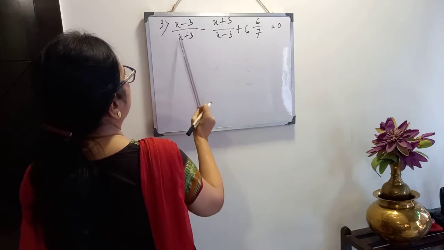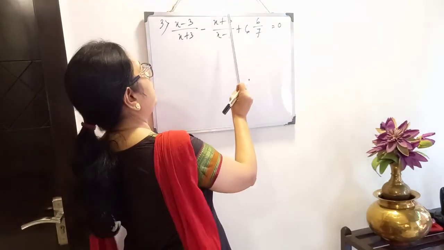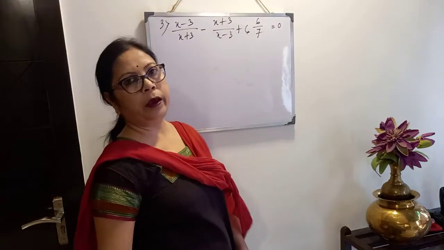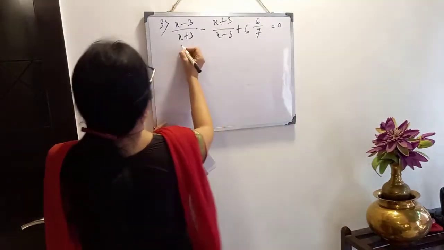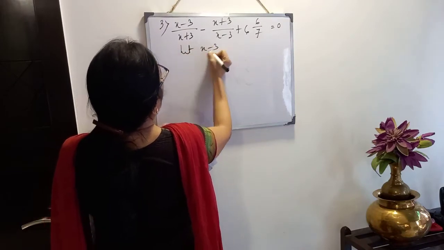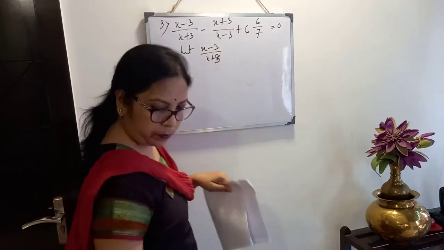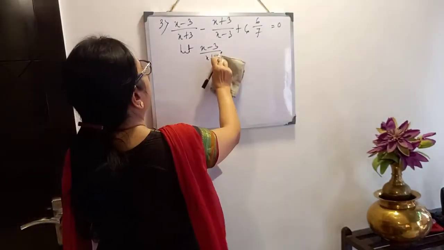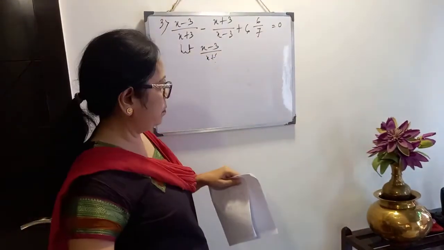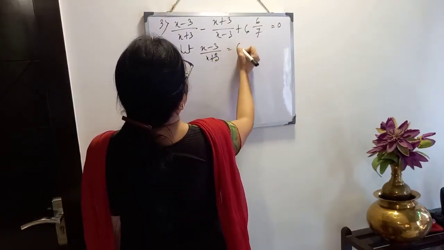So if we consider this equal to p or a or any other variable, then the other will become 1 by a or 1 by p. Let x minus 3 by x plus 3 equals to a.